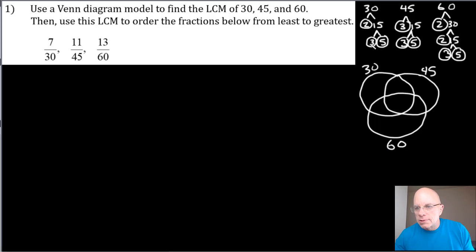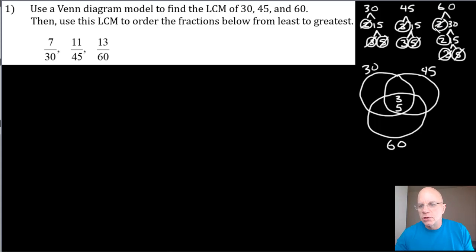All 3 of these numbers have a common prime factor of 3. So I'll place that in the intersection of all 3. They also have a common prime factor of 5, so that will also go in the intersection of all 3. There are no other 3s, but there is a common prime factor of 2 for 30 and 60 only.